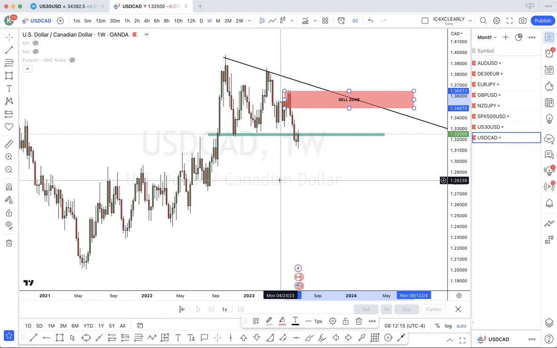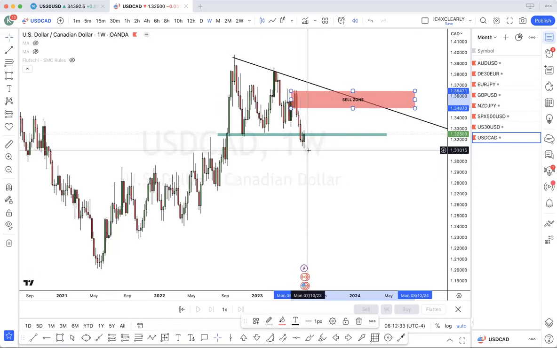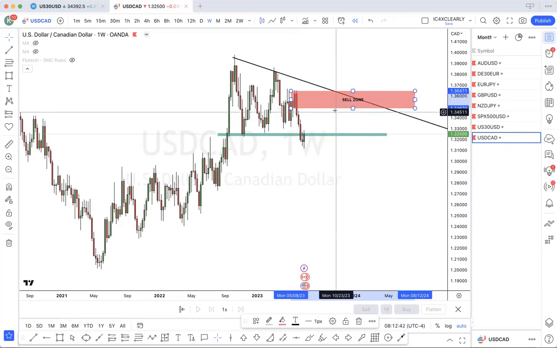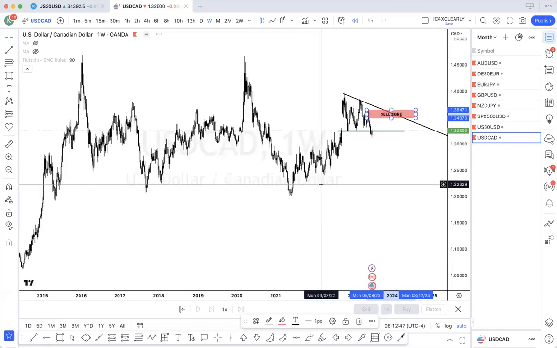But if it doesn't come back that far, I would definitely wait for it to come back that far. That would be my optimal trade and entry for a continuation of a sell. But definitely you would want to set your alert, wait for price to start breaking structure to the downside, and then get in for the continuation.